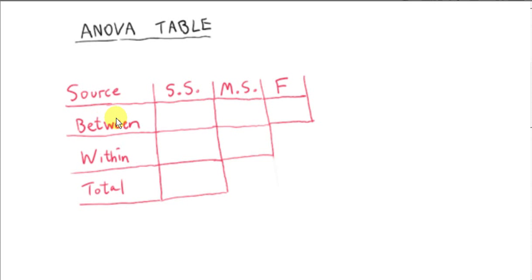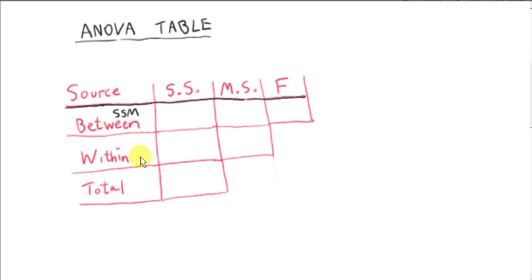We summarize our results using an analysis of variance or ANOVA table. So in this column we have the source of variation. We have variation between the groups, SS between, also known as SS model, because we model each value in each group by the mean of the group that the value is in.